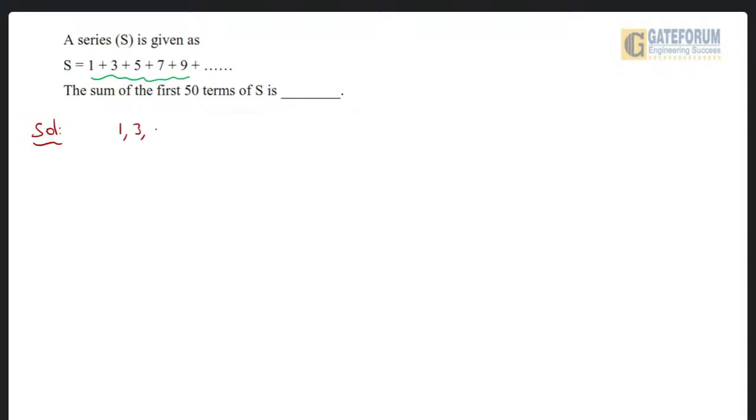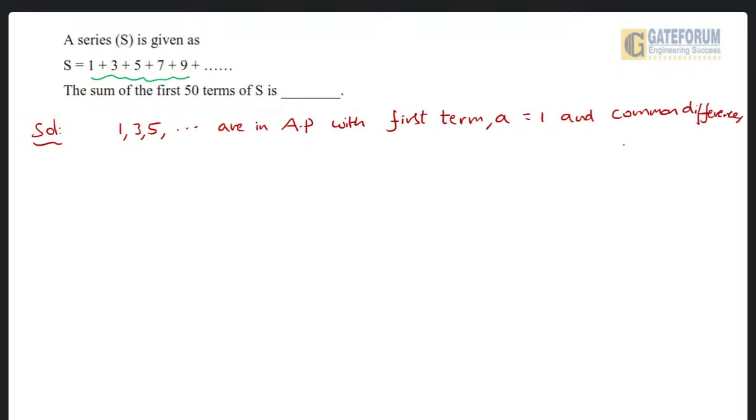1, 3, 5, and so on are in AP, that is arithmetic progression, with first term, usually denoted by a, equal to 1, and common difference, usually denoted by d. The difference of any two consecutive terms is 2.